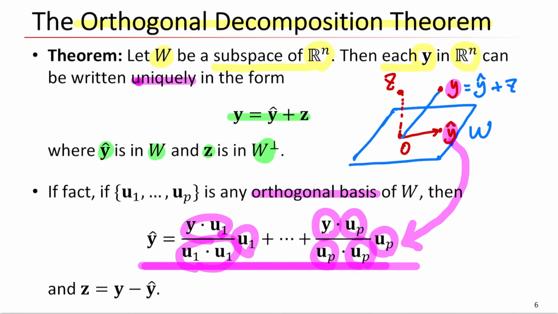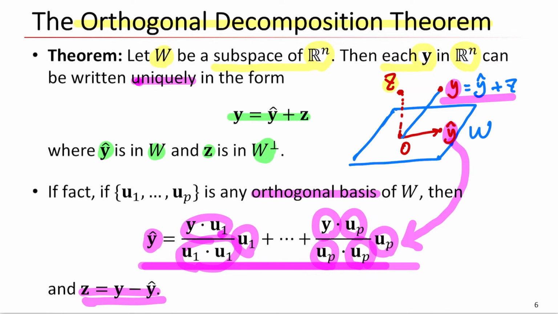And then z is y minus y hat. So if we have an orthogonal basis of the space W and an arbitrary vector y, we can find y hat in terms of y and u1 through up, and then the orthogonal complement component z is equal to y minus y hat, right?